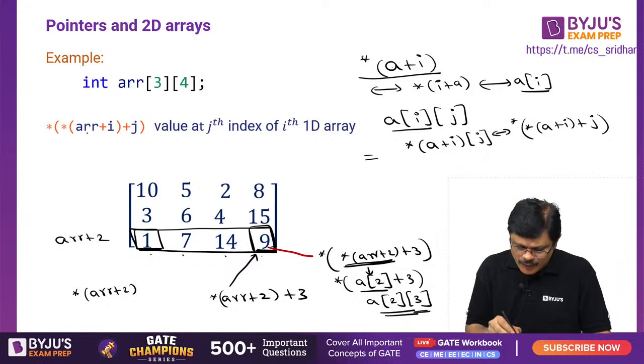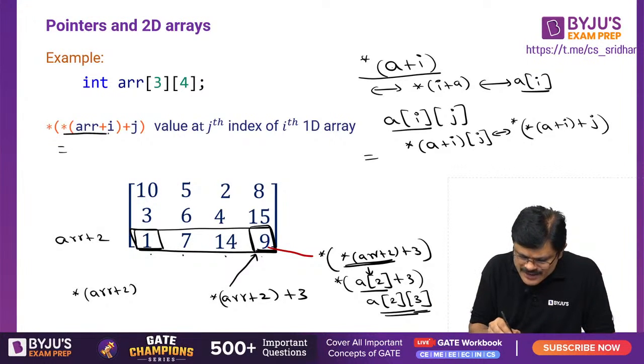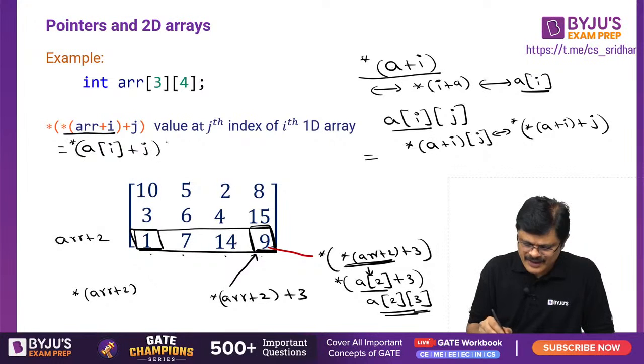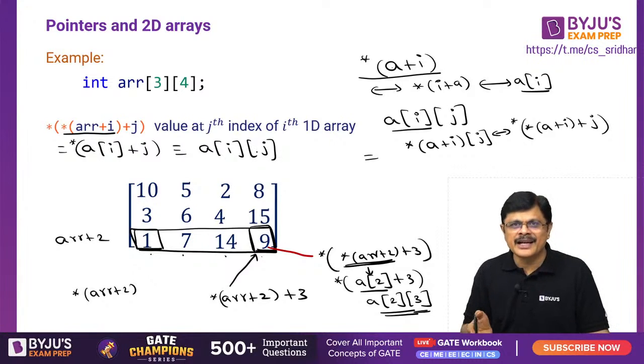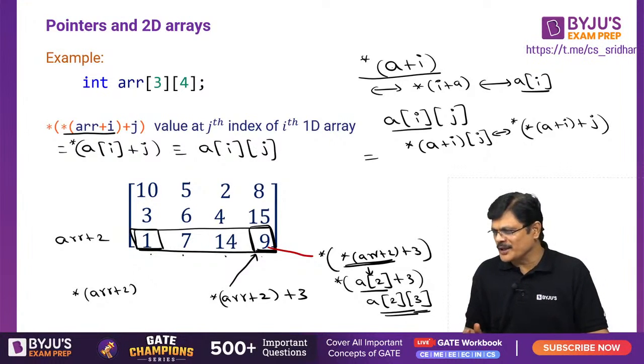So this fellow is A plus I plus j whole star, and this is exactly the same as Aij. So you can write Aij like this, or you can use the pointer notation, my dear friends. It is one and the same. Hope all of you understand this story. Is the story clear? Clear?